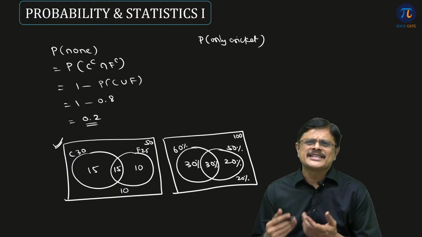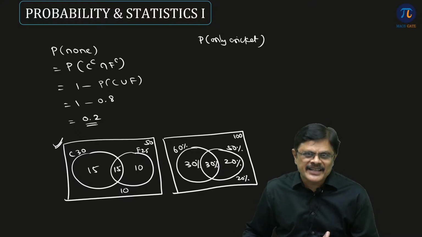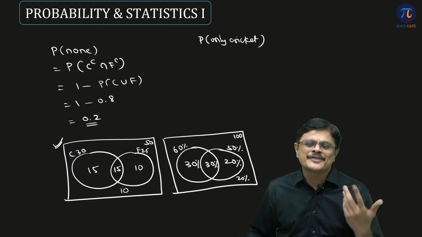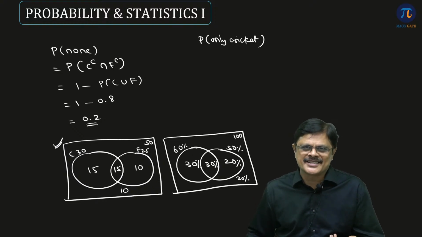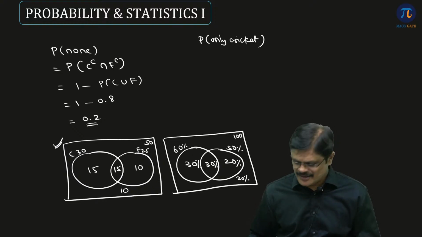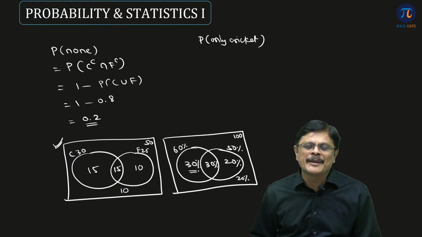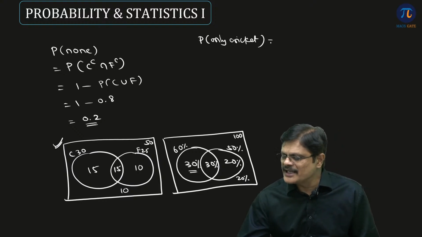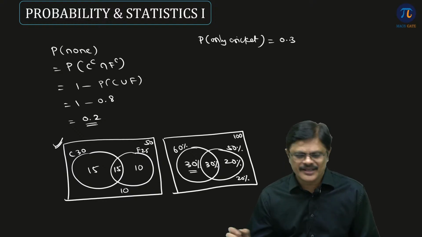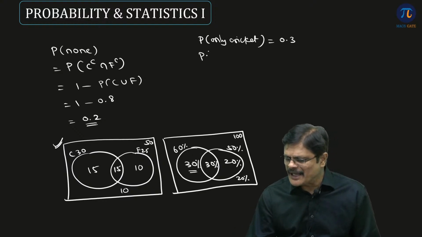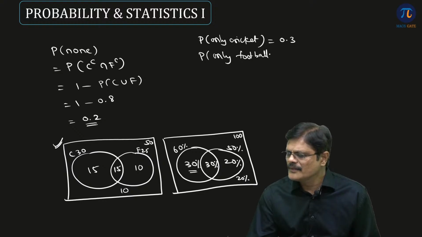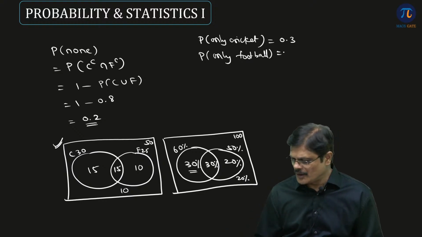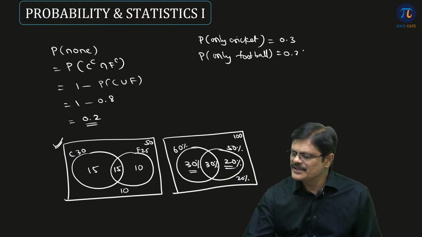Okay. See, generally in probability, we are interested in the percentages only. Probability of something is how much percentage are playing only cricket. So we are only interested in how many people play only cricket. 30%. That is 0.3. How many people play only football? 20%.